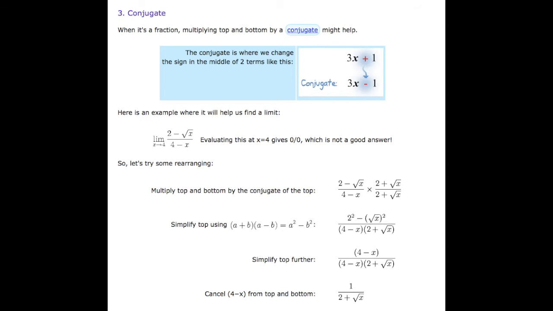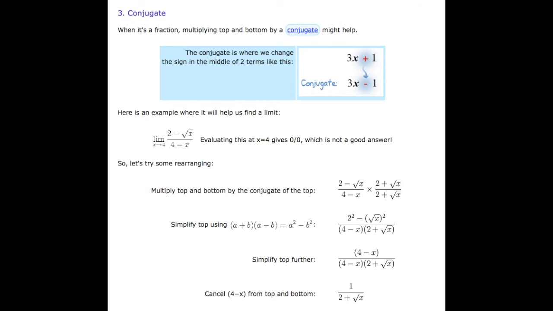So 3x plus 1 will become 3x minus 1. Here is an example where it will help us find the limit. We have the limit of 2 minus square root of x over 4 minus x as x approaches 4.